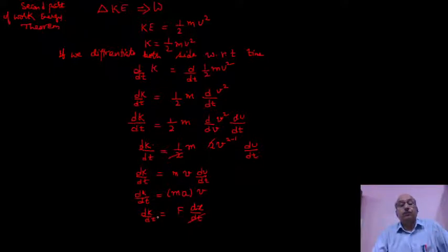So we cancel dt on both sides. We will get dK is equal to F into dx.